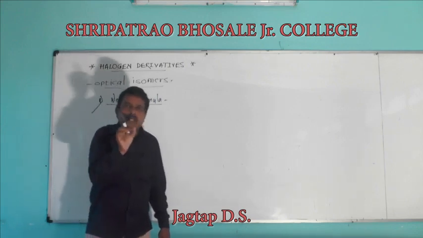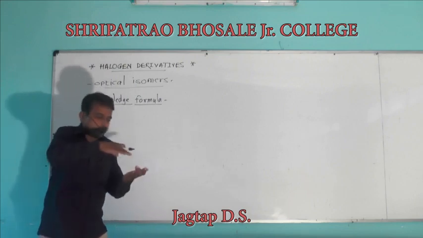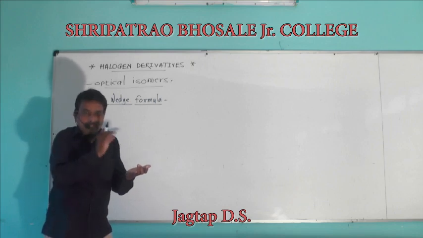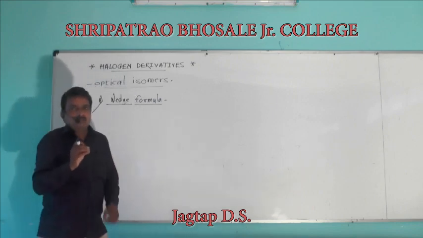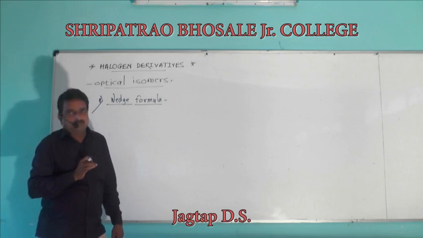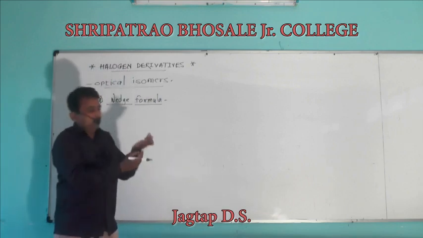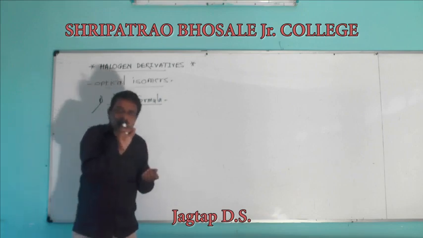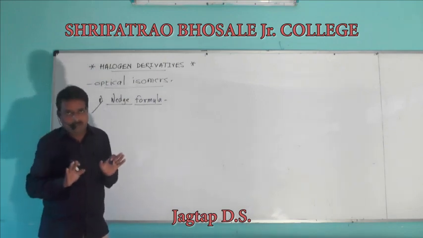This solid wedge represents the bond projecting up from the paper, that is towards the reader, while the dotted wedge represents the bonds going backward below the paper, and the normal line represents the bond in the plane of paper.